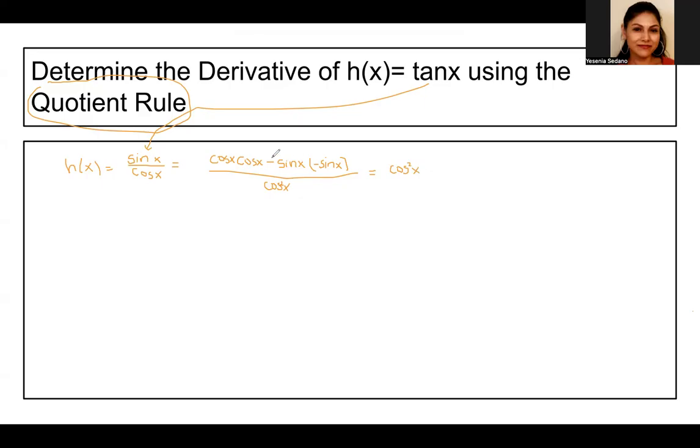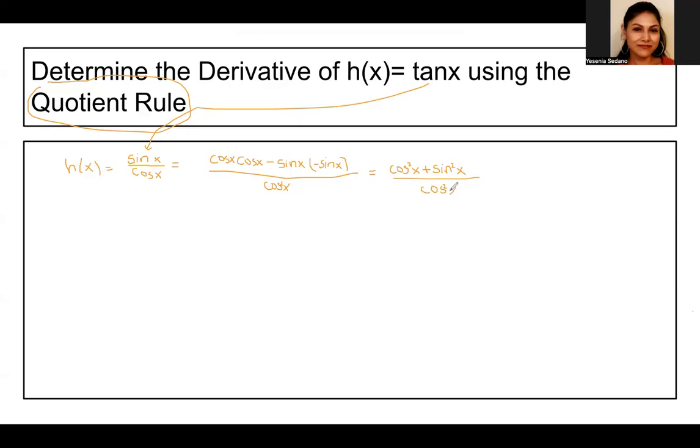Anyways, negative times negative, that's a positive. And then we have two sines, so that's going to be sine squared. So as I'm writing this out, I hope this looks like one of the identities that we wrote down in the list earlier. Because it does to me, guys.